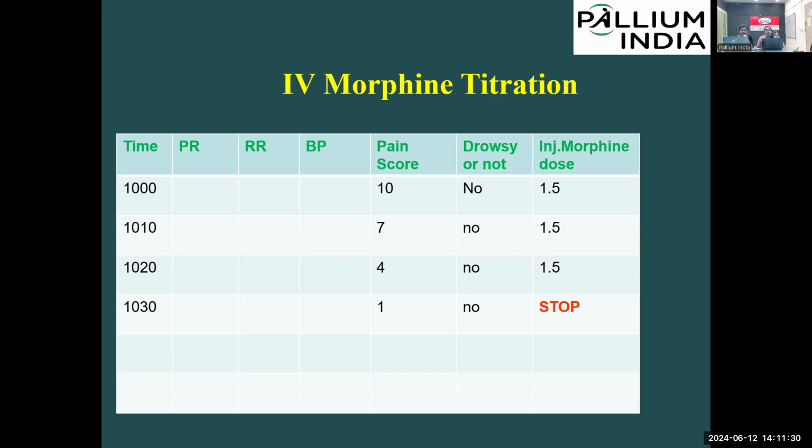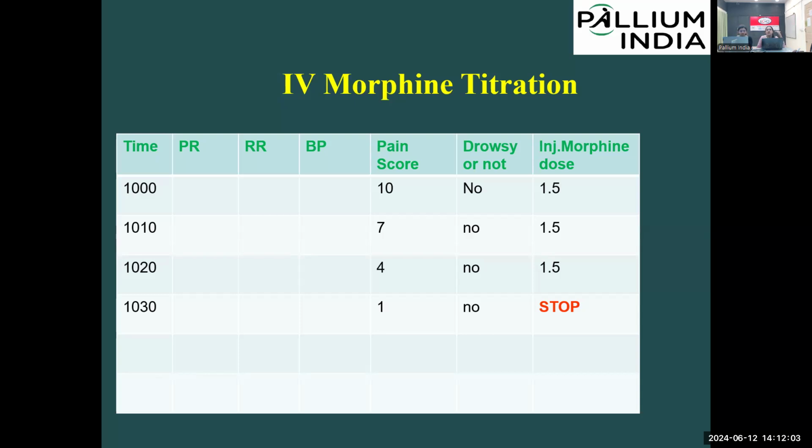So this patient was started at 10 o'clock. 1.5 milligram of injection morphine was given when the patient had a pain score of 10. Then after 10 minutes, we reassess the pain score. It is 7/10. The patient is still not drowsy, so we record it, and another 1.5 milligram of injection morphine is given. Wait for another 10 minutes, reassess the pain score and the vitals, and see that the pain score has come to 4.